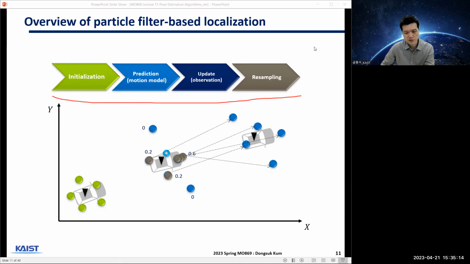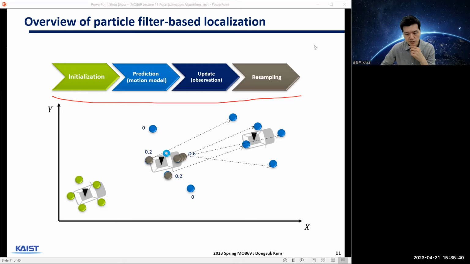But if we relax that assumption, then we need to go through this more general form of Bayes filter, which is the particle filter, which does not assume Gaussian. So it may have all kinds of distributions. And we are going to use that distribution by sampling.